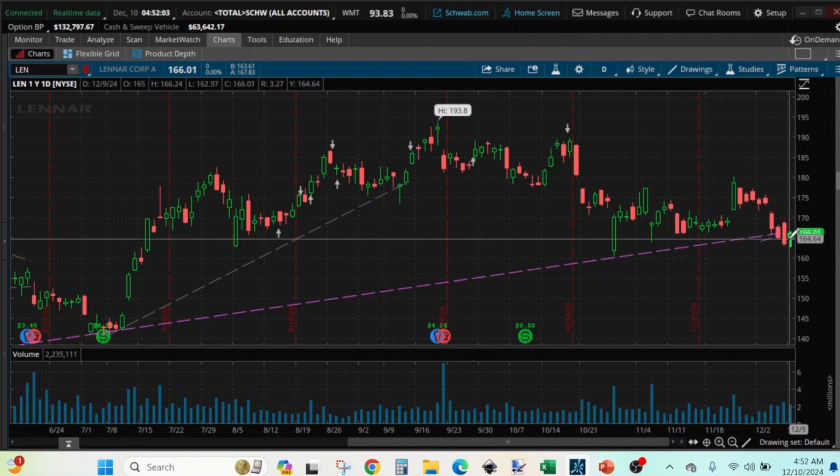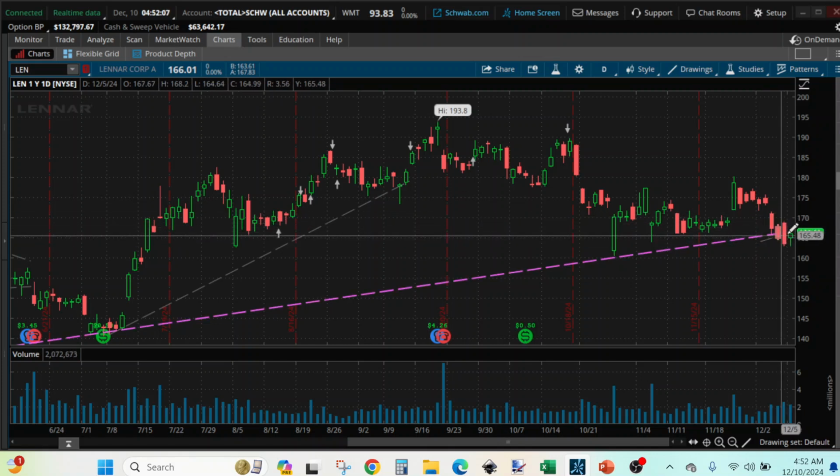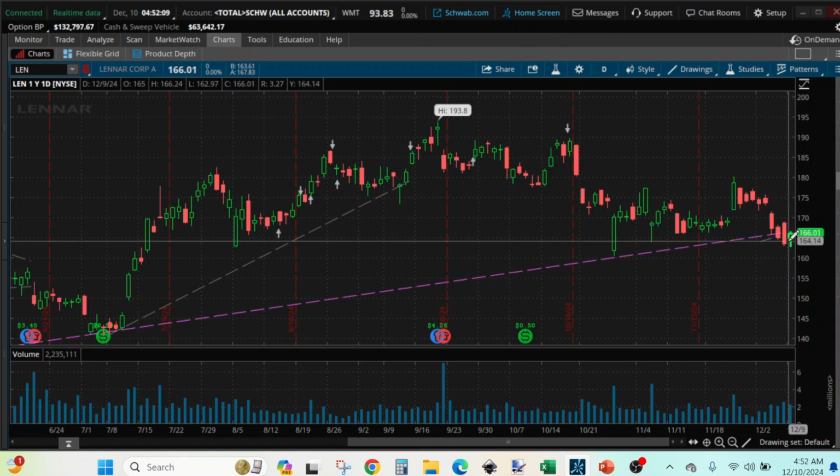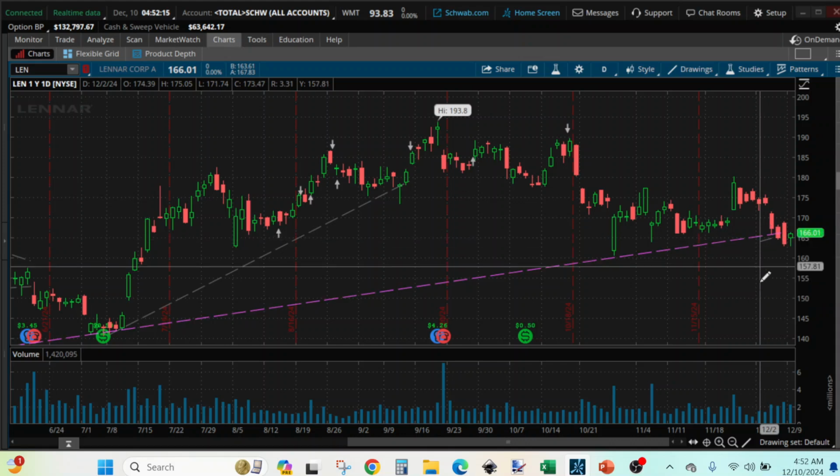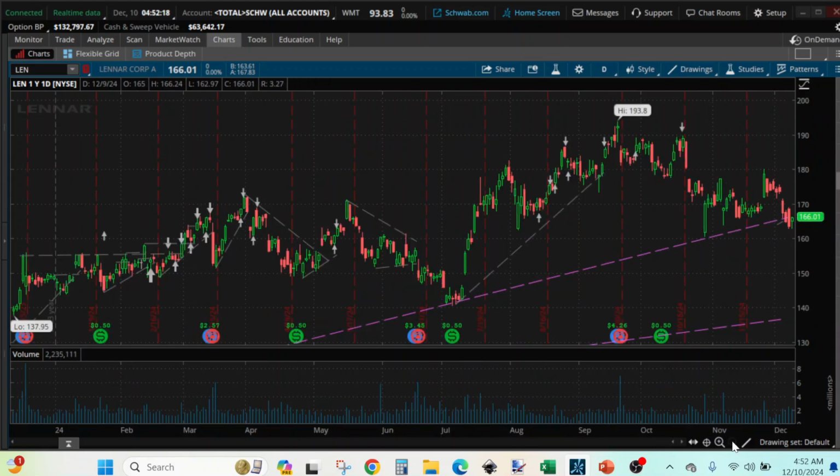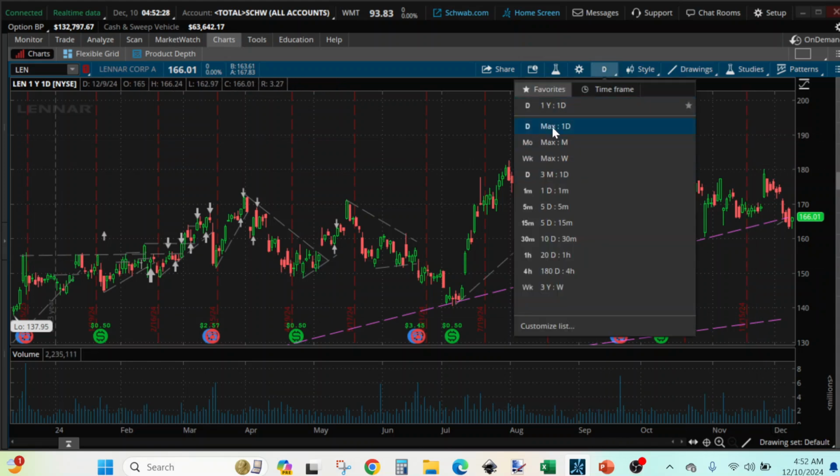Use it as a support and start going up, but this is below it though. So is it going to beat this line? Let's see if we have another one. We have another one down there. Let's go to maximum daily chart.